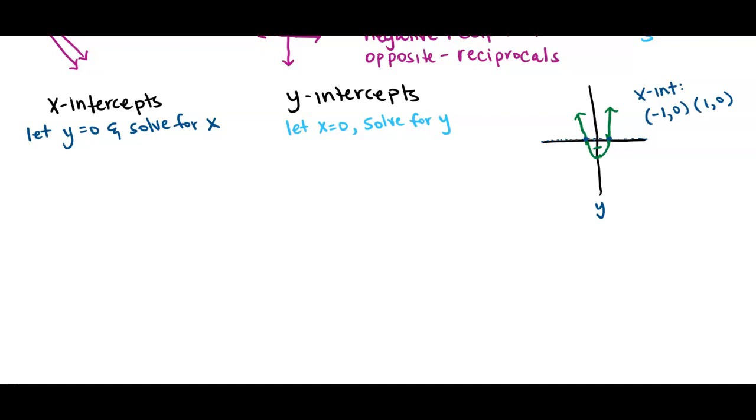So when x equals 0, remember this is our x-axis, so all of these numbers go here. Right now I'm looking at this one. This is where x is 0. Well, when x is 0, what is y? Right there at -2. So my y-intercept would be the point (0, -2).